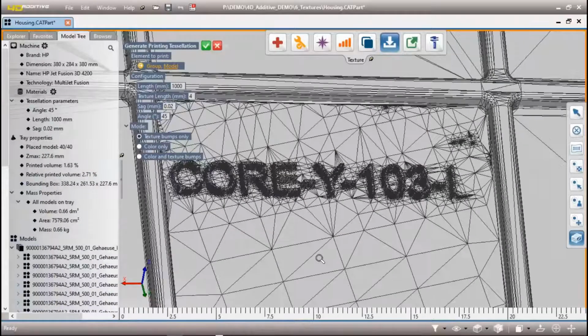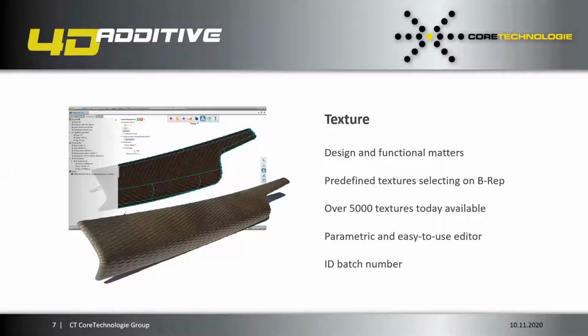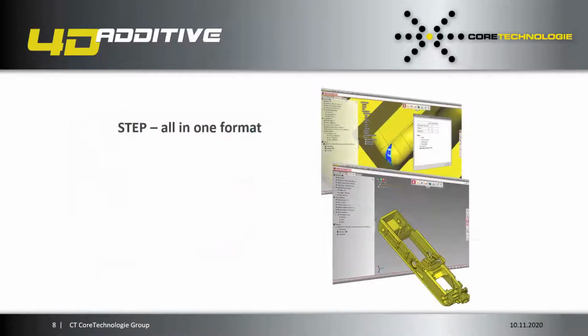Here in this case, also in Y direction, you will see the incremented X, Y, and Z letters. So this is a really interesting tool for creating such texturings.